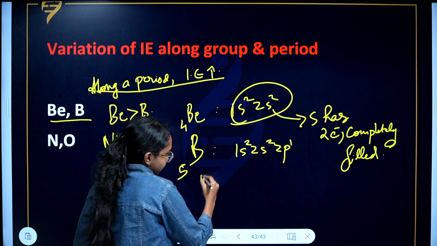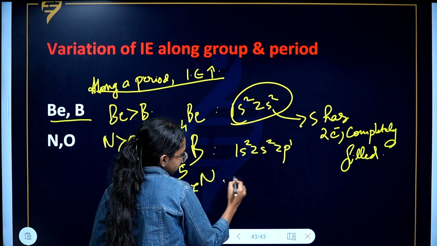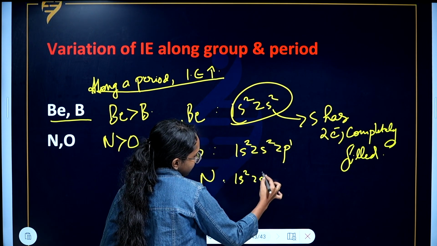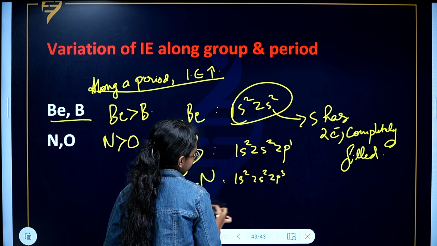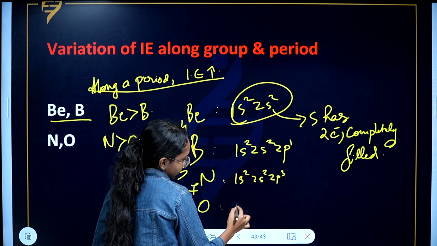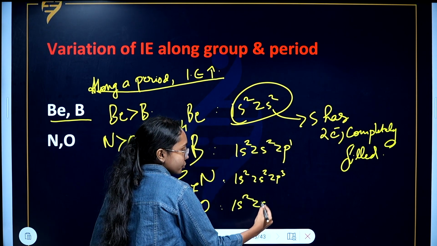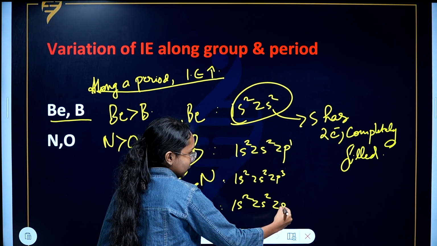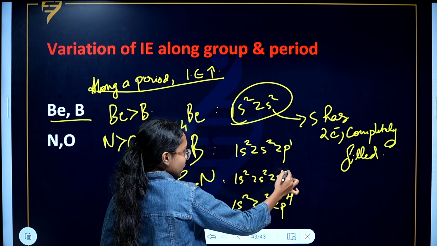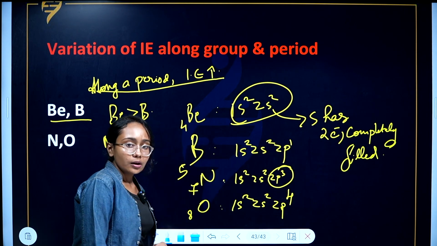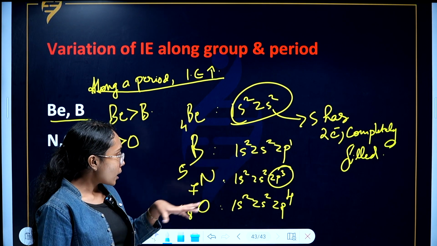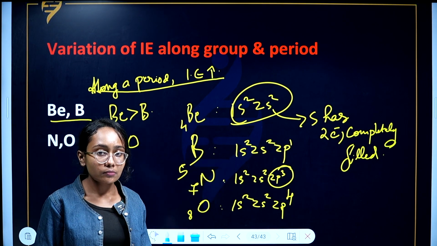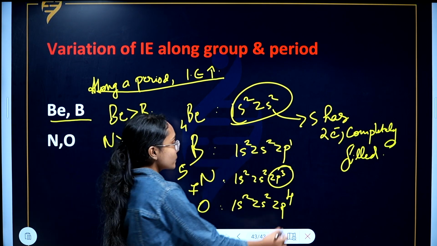How is it possible? Nitrogen 7: 1s2, 2s2, 2p3. Oxygen 8: 1s2, 2s2, 2p4. See this 2p3. How many electrons are possible in the p subshell? 6 electrons, right?